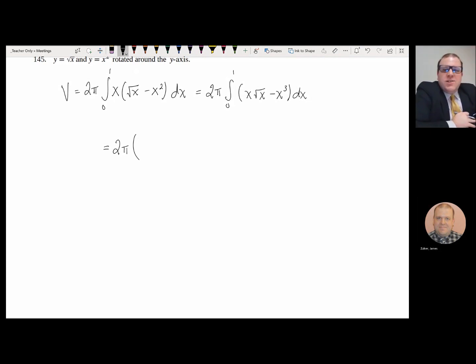Integral of x root x from 0 to 1. 2/5. It'll be 2/5 x to the 5 halves from 0 to 1, which is just 2/5. Minus... wait a minute.